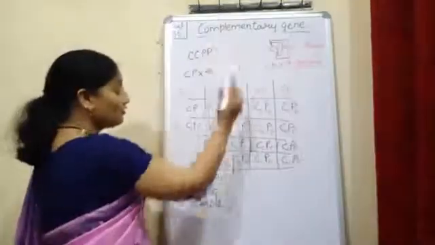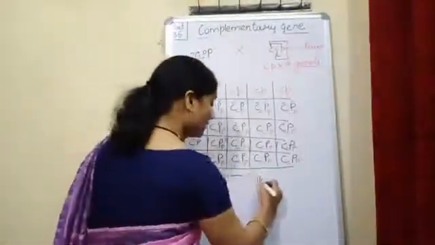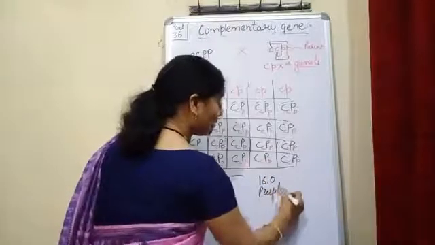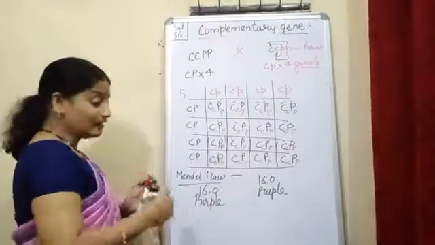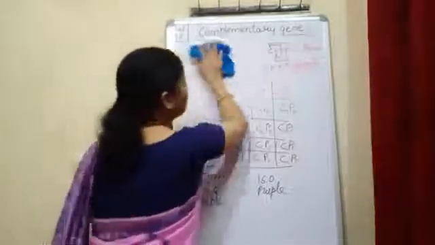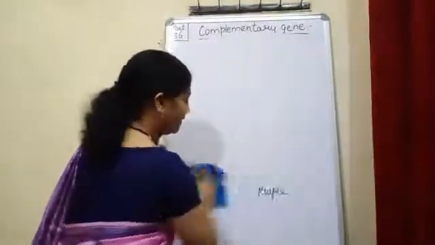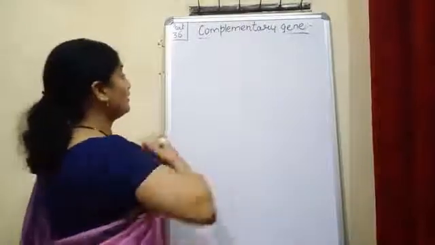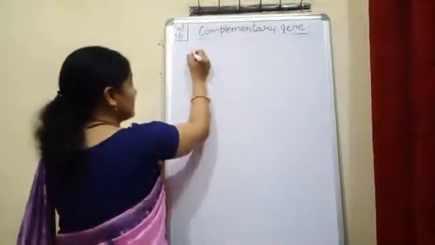Now according to the complementary gene rule also, we have seen 16:0 and color of the flower is purple. Now let's move to the F2 generation. Okay, so if we move from here to the F2 generation. Now what is the result of F1 generation?